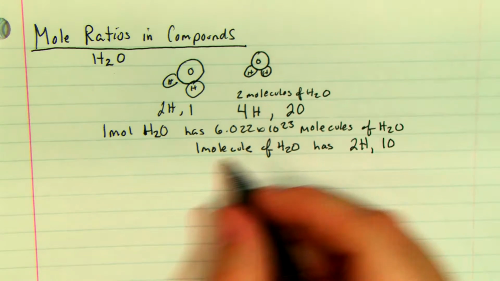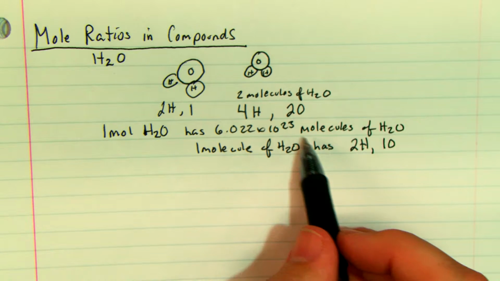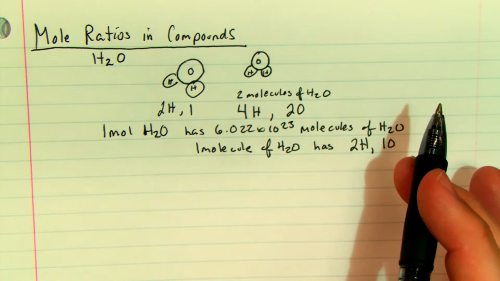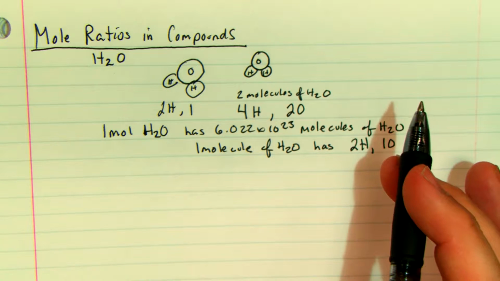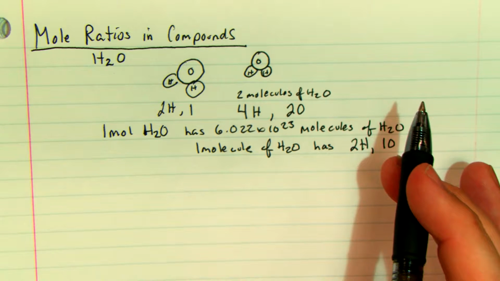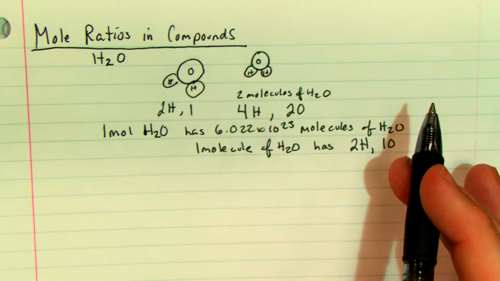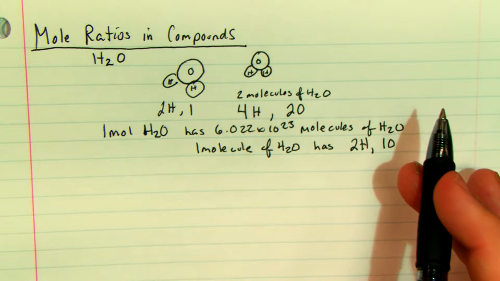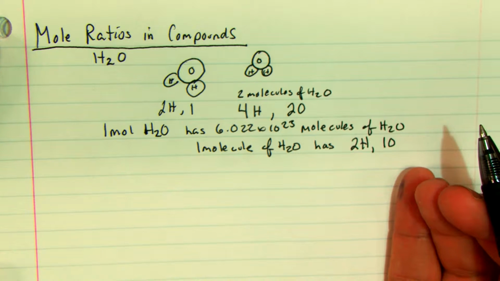So if 1 molecule has 2 hydrogens, 1 oxygen, if we put Avogadro's number, 1 mole of molecules together, then we got to ask ourselves, well, how many hydrogens are actually present if I have all these different molecules? If I have 6.022 times 10 to the 23rd molecules, each molecule has 2 hydrogens in it. So we're going to end up with 2 times that as far as the number of hydrogens in this.